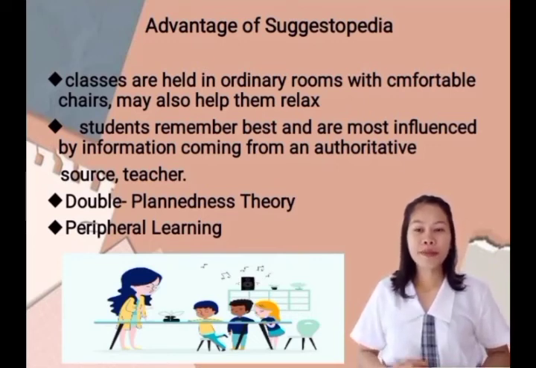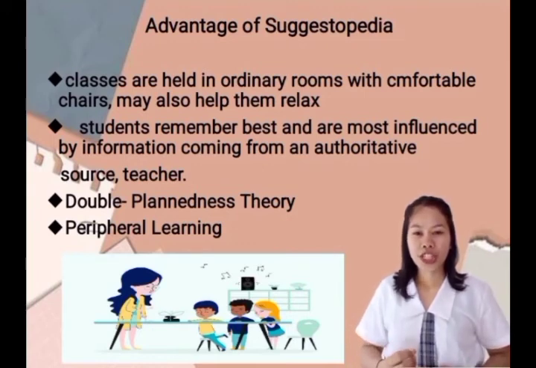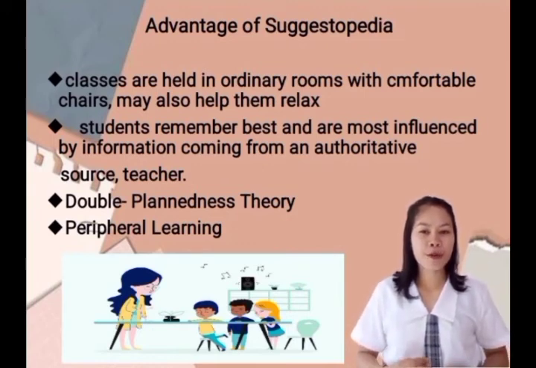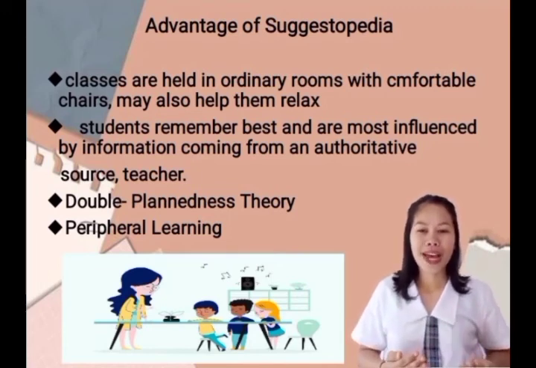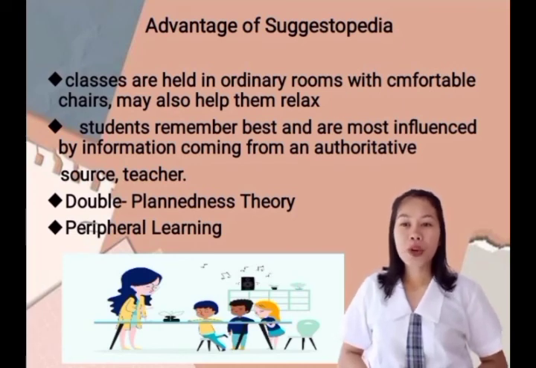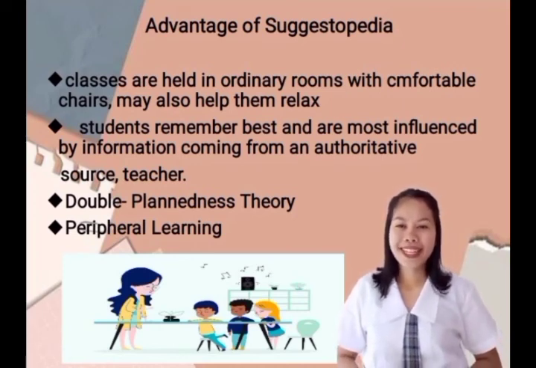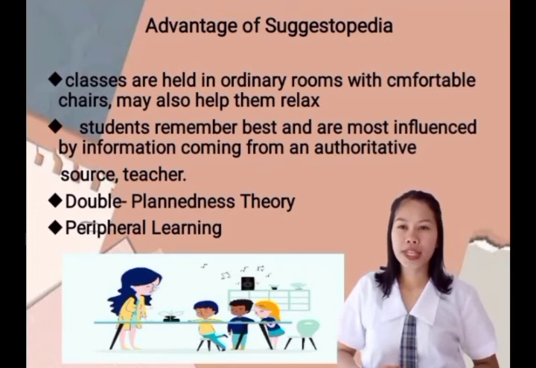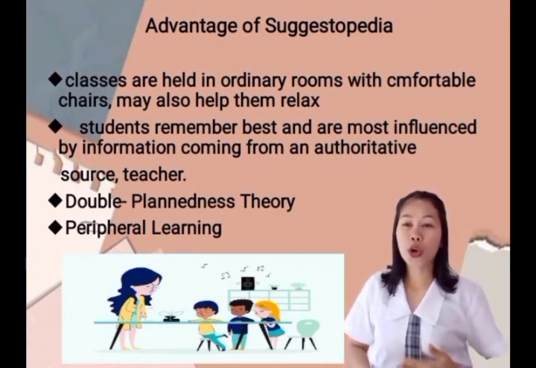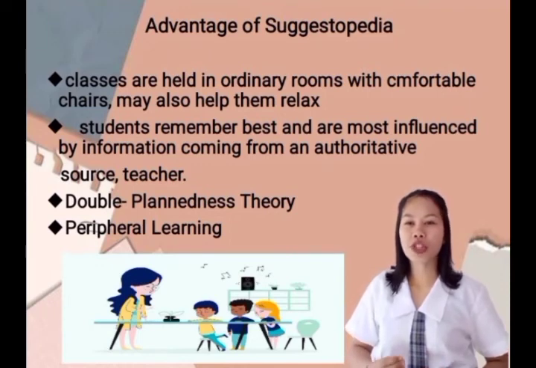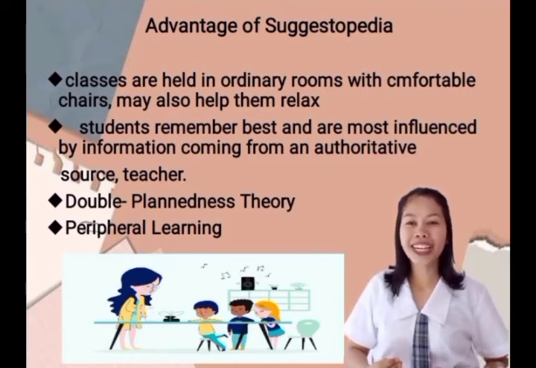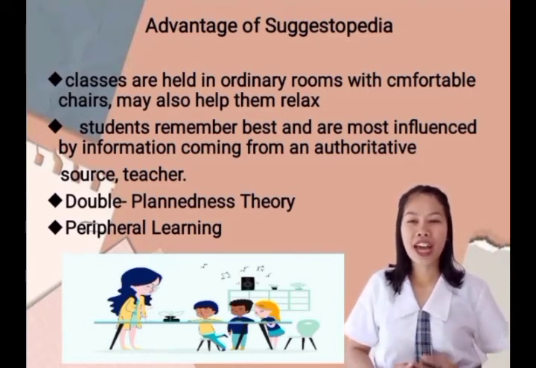Third, double-planedness theory, which refers to learning from two aspects, the conscious aspect and the subconscious one. Fourth, peripheral learning. Suggestopedia encourages students to apply language more independently and take more personal responsibility for their own learning, and gain more confidence.